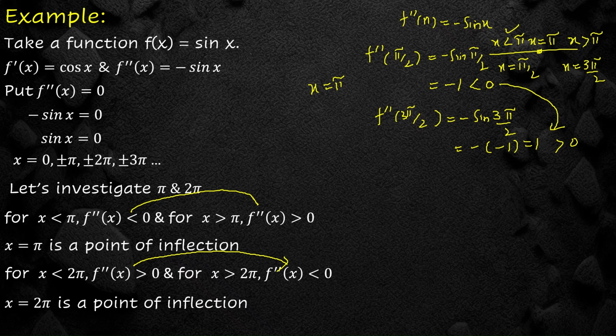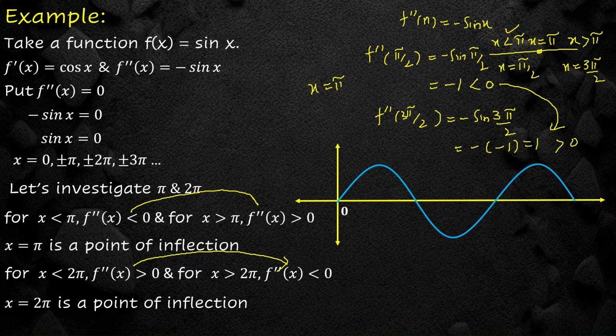Let's explain it with the help of the graph of sine of x. We plot the graph and label the points pi and 2 pi. Note that at x is equal to pi, before pi, that is where x is less than pi, the curve is concave down.